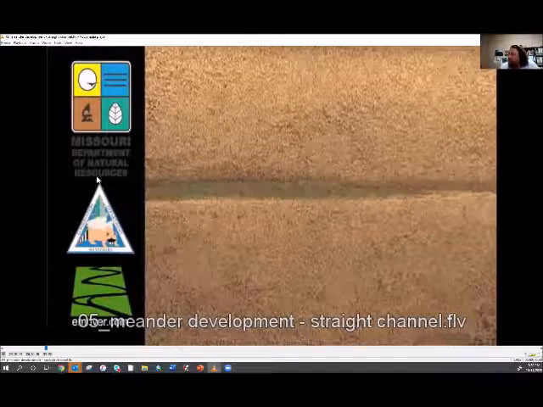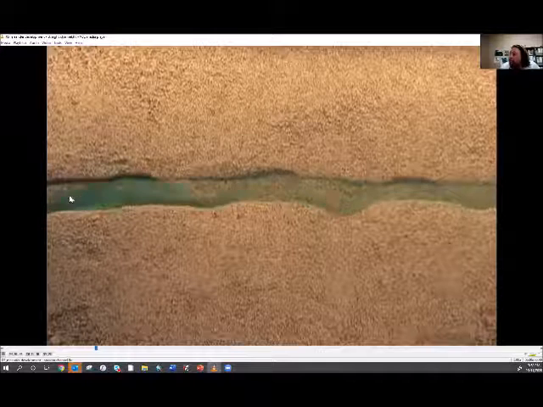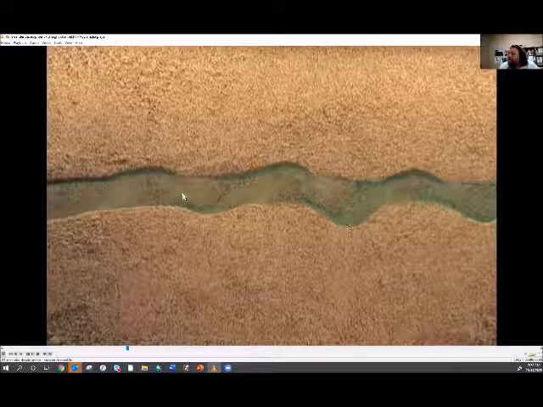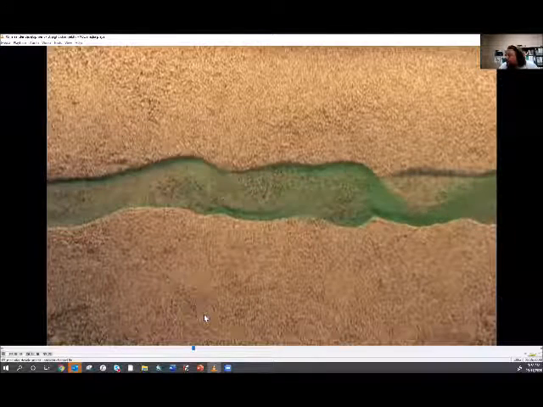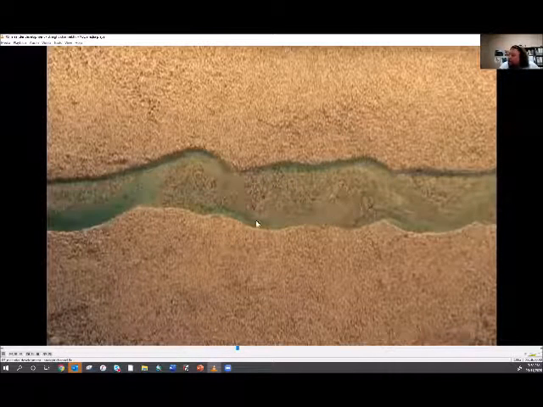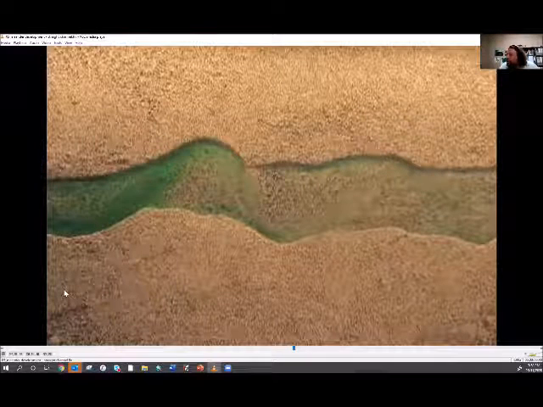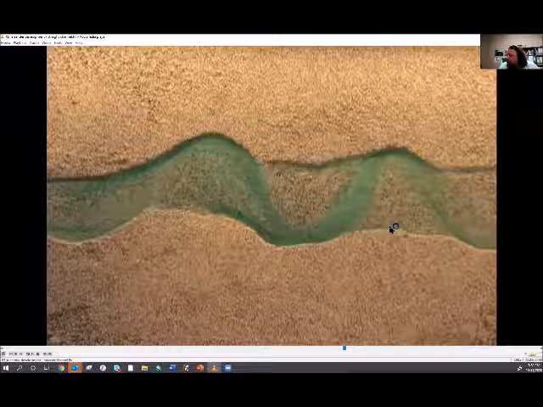Effectively what's happening is that you're starting to see that bendy channel form in the system, and you're starting to get that deposition and those inset features form through there. And so this is the evolutionary path of a watercourse like Hodgson's Creek in the long term.